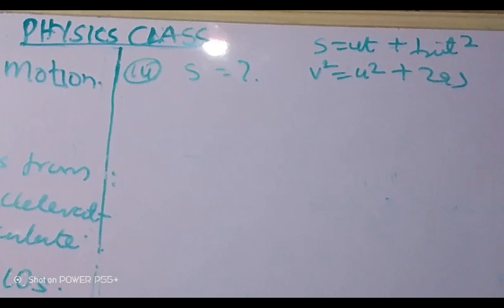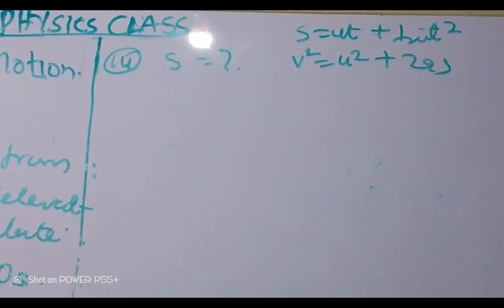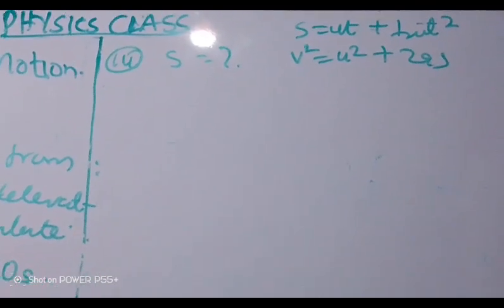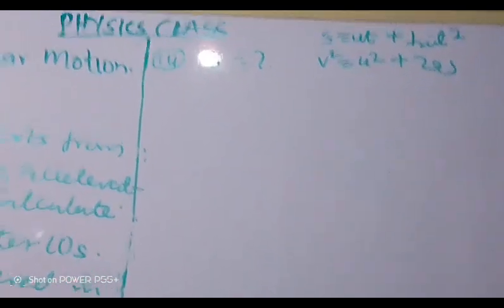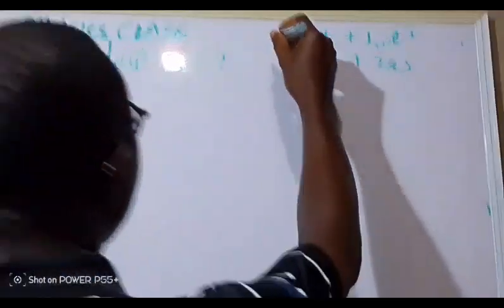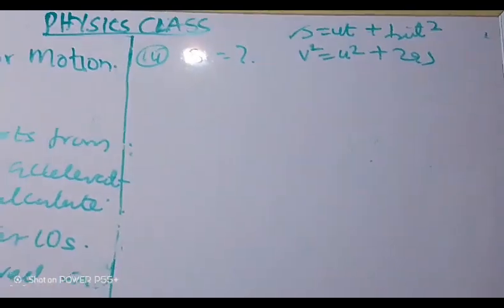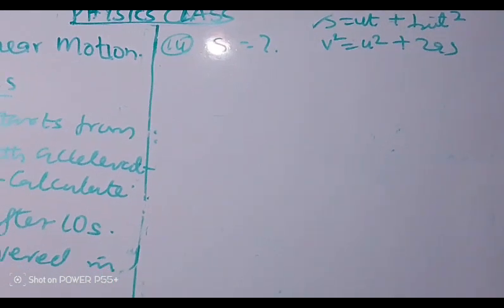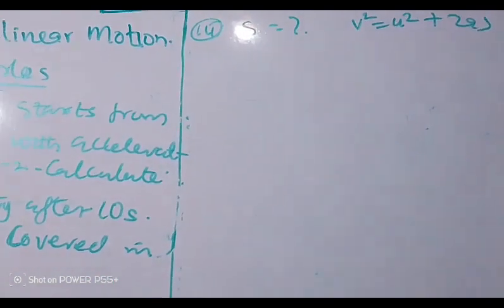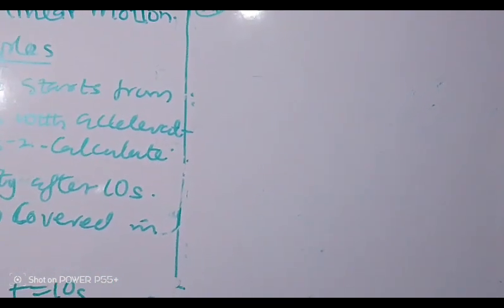So from what we've written on the board, it means the best equation to solve this one, once we need distance, should be equation 2. And once A is also known, you can use either of the 2 or 3. But let's stick to 2.